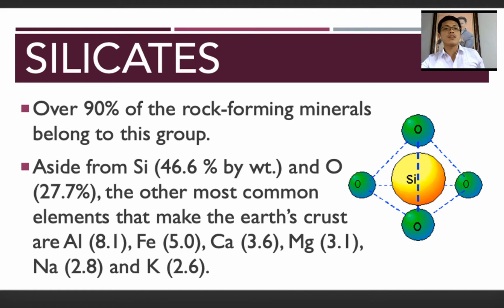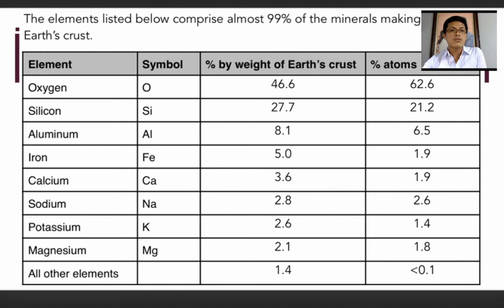Aside from silicon, which is 46.6% by weight, and oxygen, 27.7%, the other most common elements in Earth's crust are aluminum and iron, which I mentioned in our previous topic.